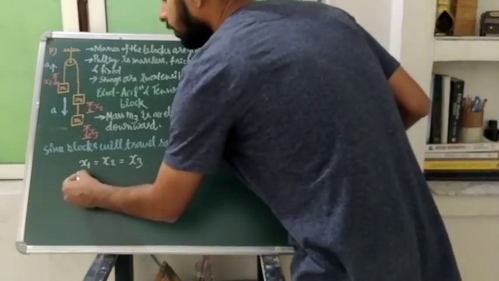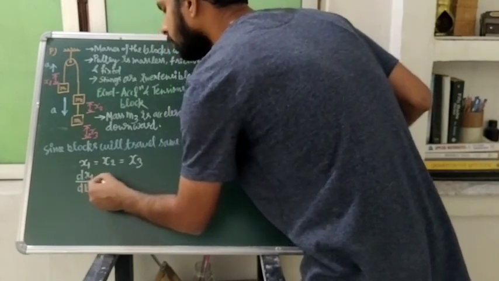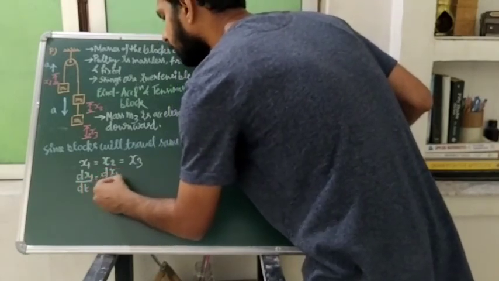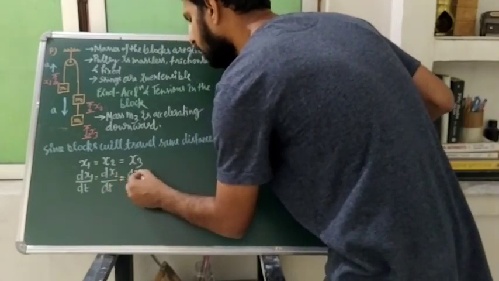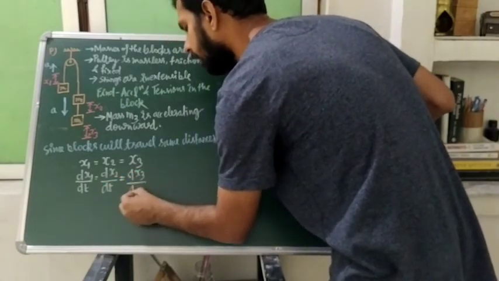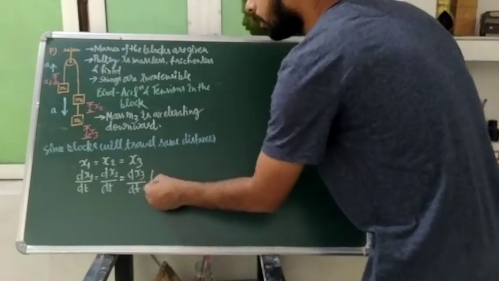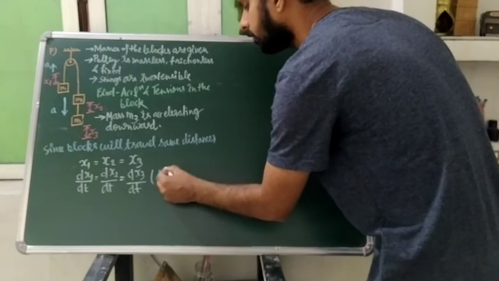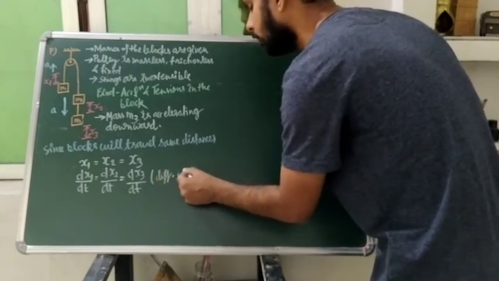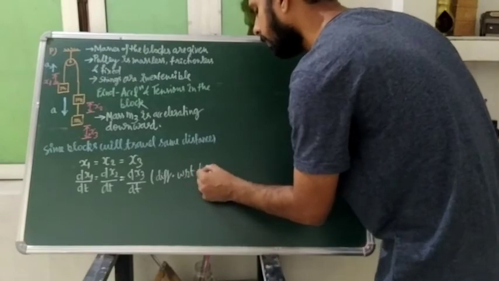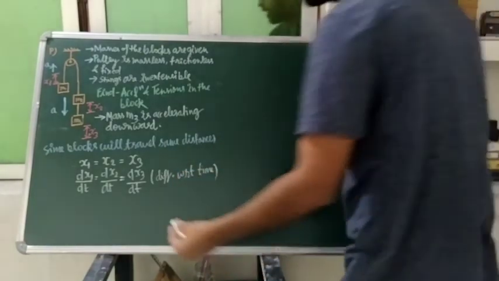So when you differentiate it with respect to time, dx1 upon dt is equal to dx2 upon dt will be equal to dx3 upon dt only. What are we doing? Differentiating with respect to time. So what will we get, student?